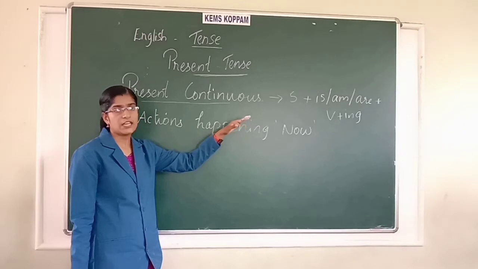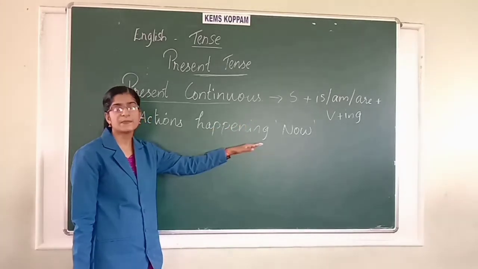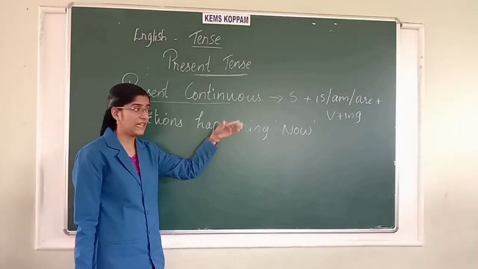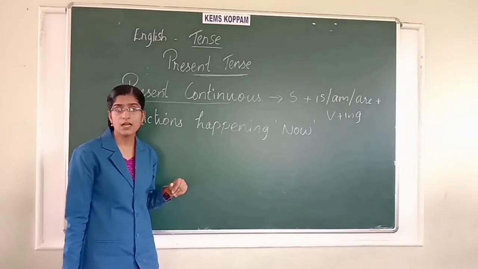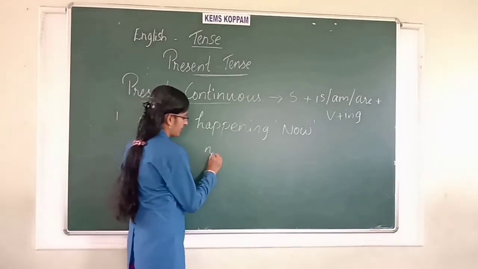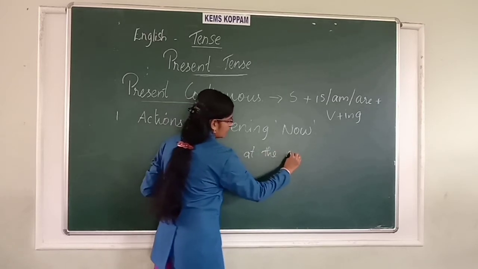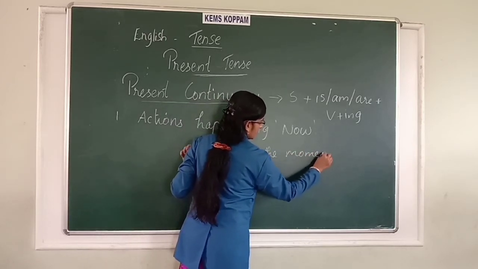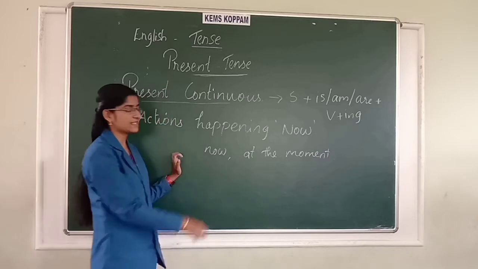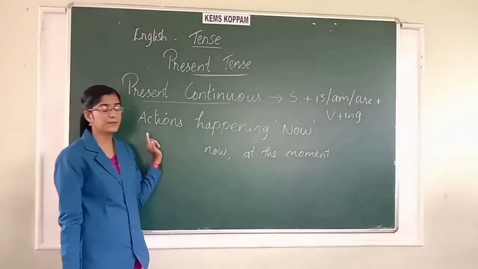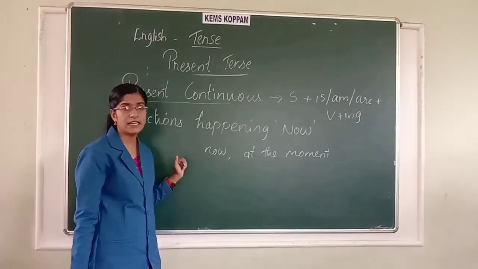Now. Okay, he is speaking now. They are dancing at the moment. Now. At the moment. These are the time phrases you use with present continuous.